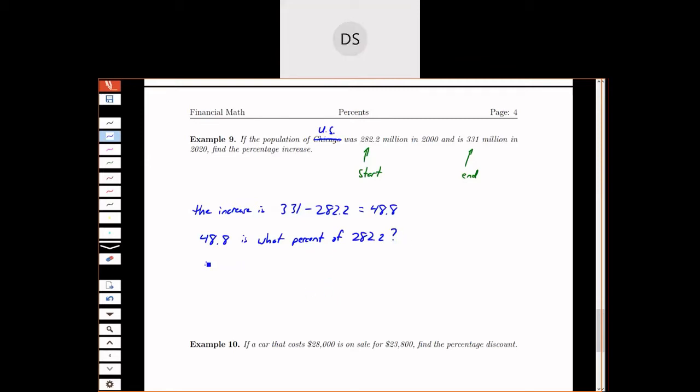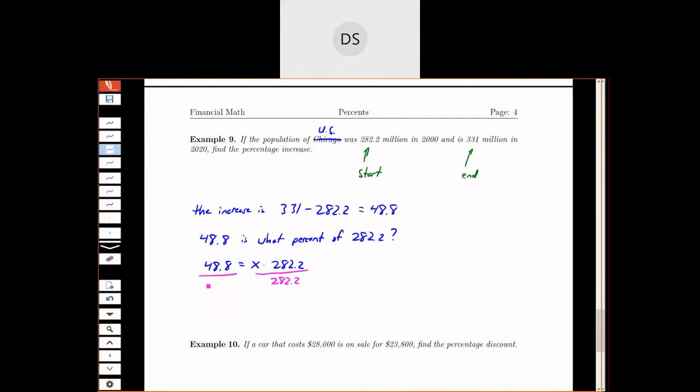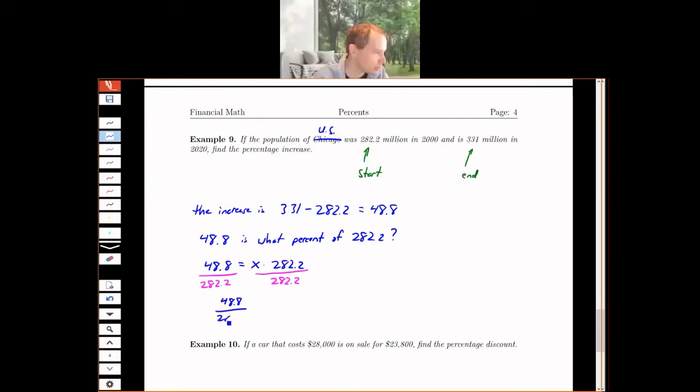So 48.8 equals X times 282.2. Divide. So we get 48.8 divided by 282.2 equals X. Okay.